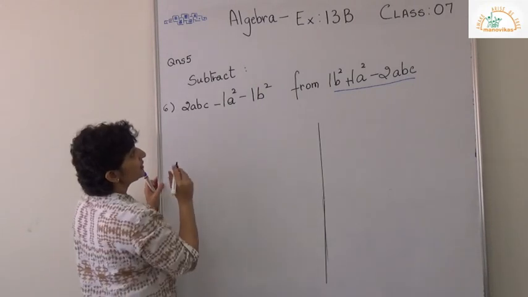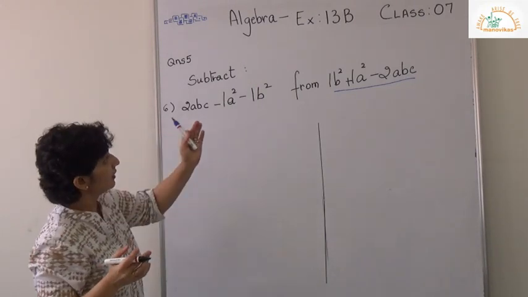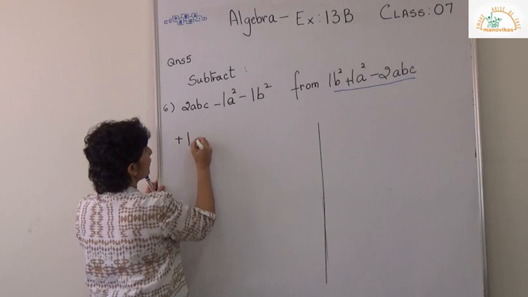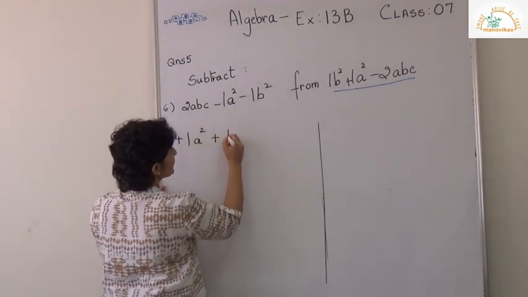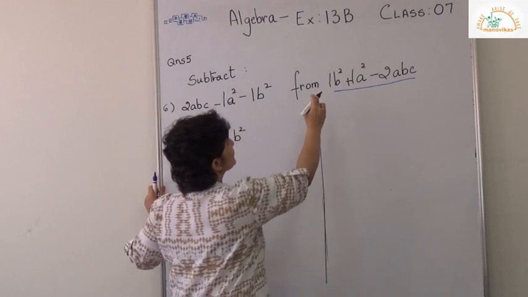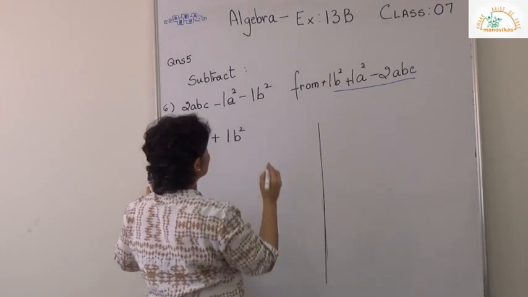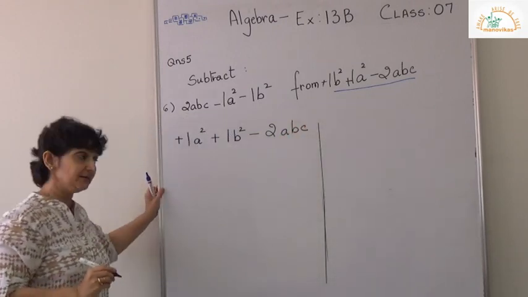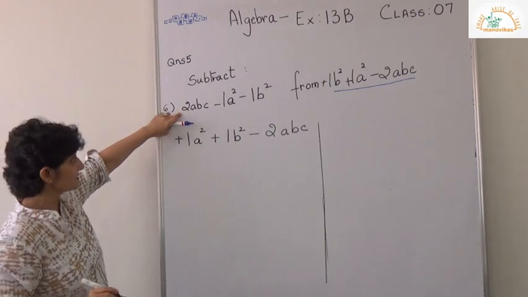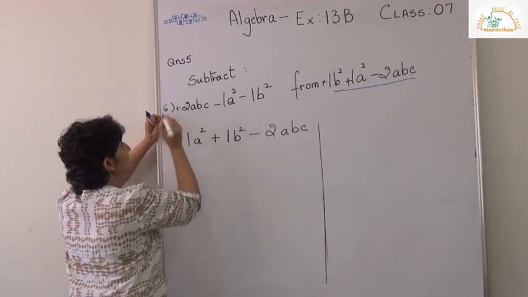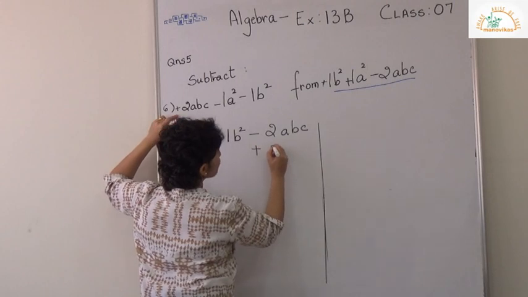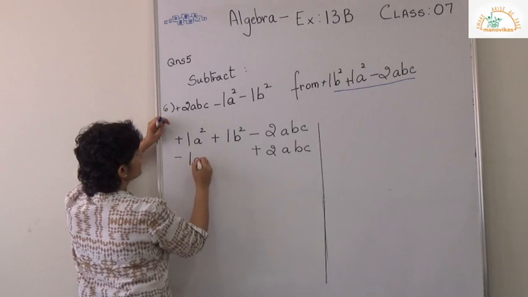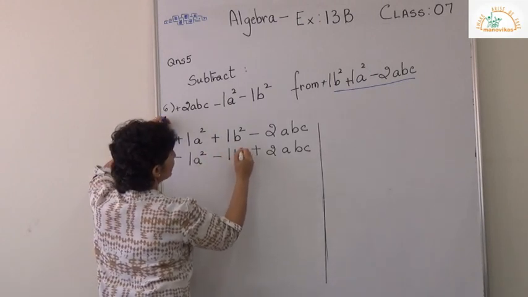So let's begin. Let's put it in the order, children, of A first. So I have plus 1A squared plus 1B squared. Children, when there is nothing here, it means plus. Minus 2ABC. Clear? Then I will, let me take this. When there is nothing here, it means plus. So I have plus 2ABC minus 1A squared minus 1B squared.